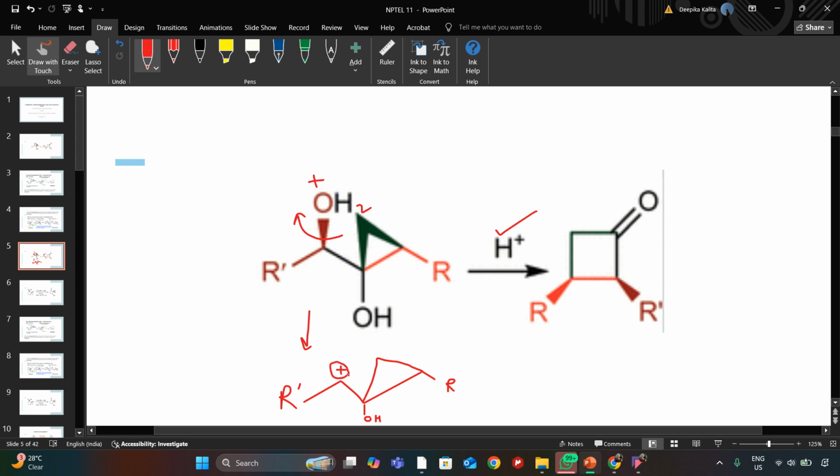So this is going to be the first carbocation which will form in the reaction. After this, the more stable carbocation will form by alkyl migration from the adjacent carbon. So this is the adjacent carbon to the carbocation and this alkyl chain will migrate.